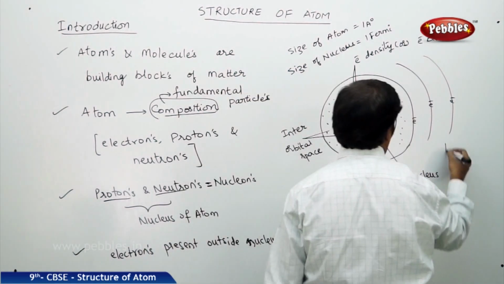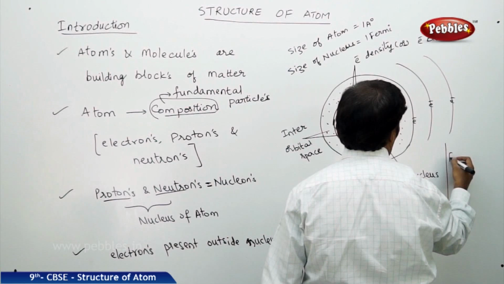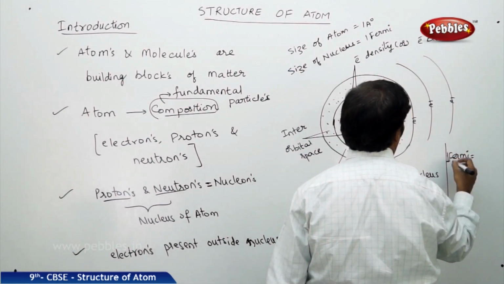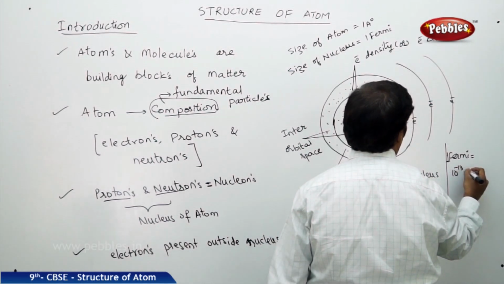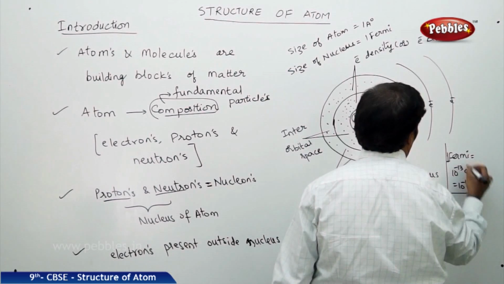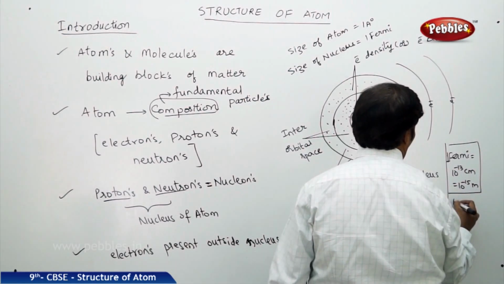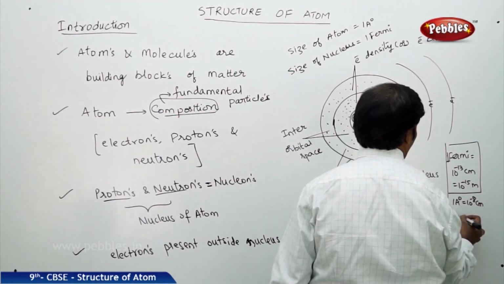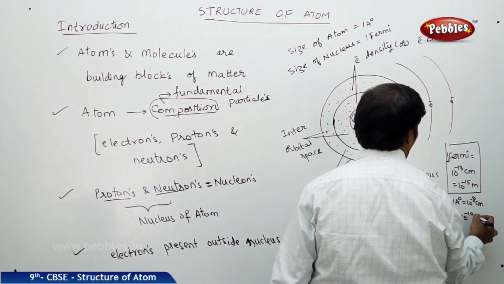So 1 Fermi is equal to 10 to the power of minus 13 centimeter, or 10 to the power of minus 15 meters. 1 angstrom is equal to 10 to the power of minus 8 centimeter, which is equal to 10 to the power of minus 10 meter.